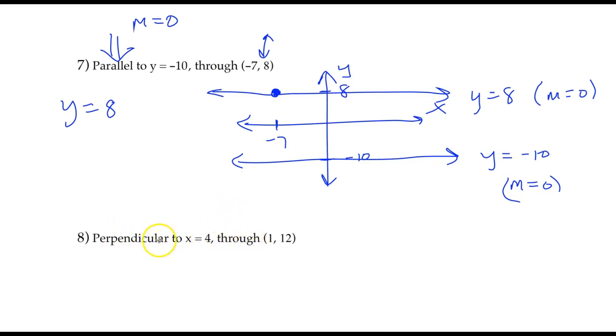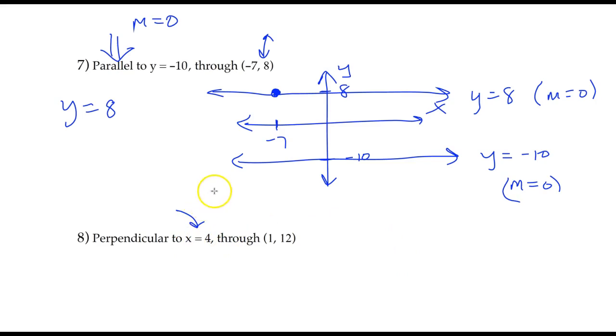Now, for perpendicular, we want to find a line that's perpendicular to x equals 4 but goes through this point. Perpendicular means it intersects at a 90-degree angle. Looking at this equation, we know that it represents a vertical line.